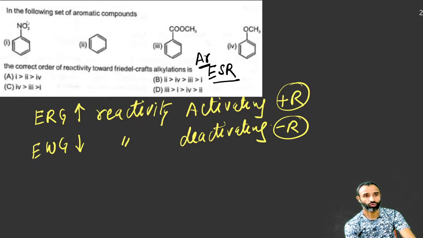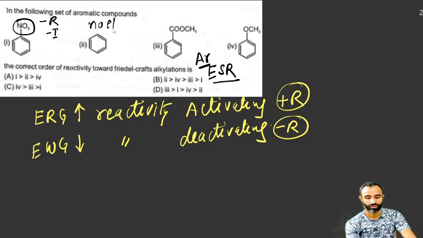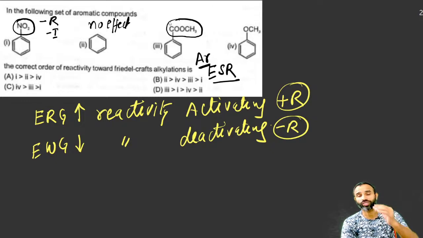So NO2, what is the nature of NO2? NO2 is minus R, as well as minus I. What is the effect of COOCH3?